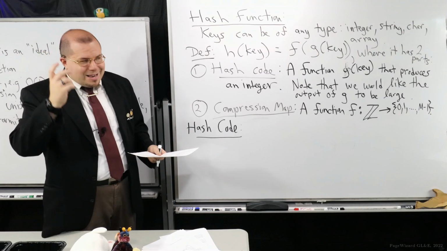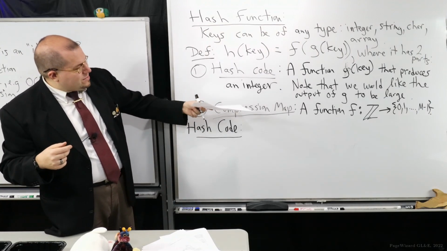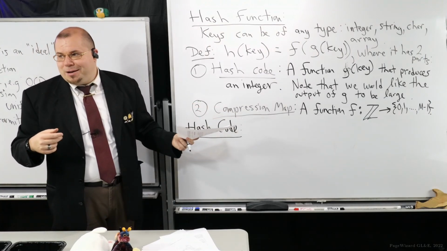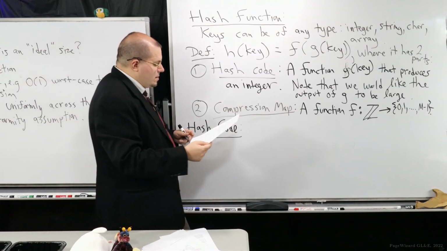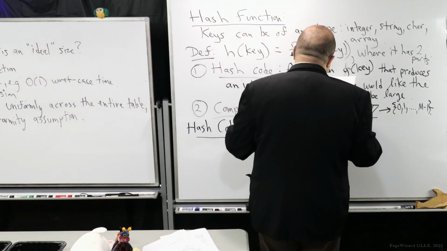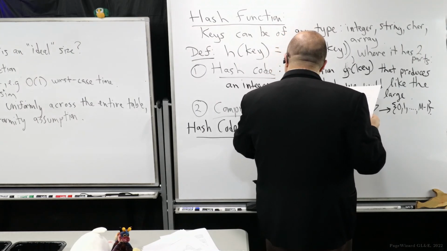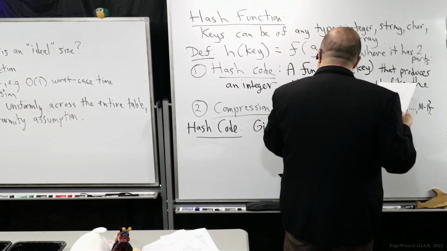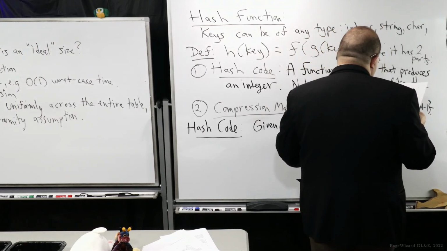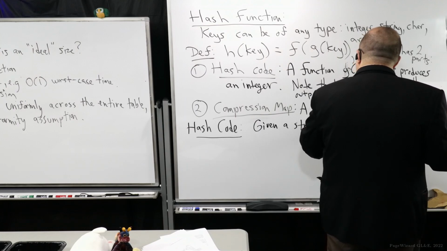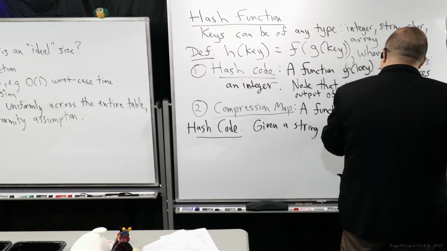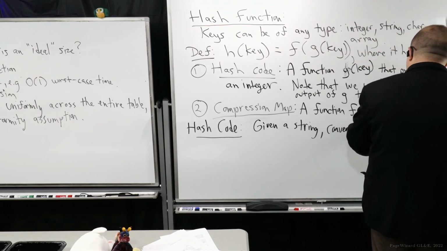Because once you get that integer, you can map it into a slot as per the compression map. So what you can do, if given a string, is convert it to an integer.